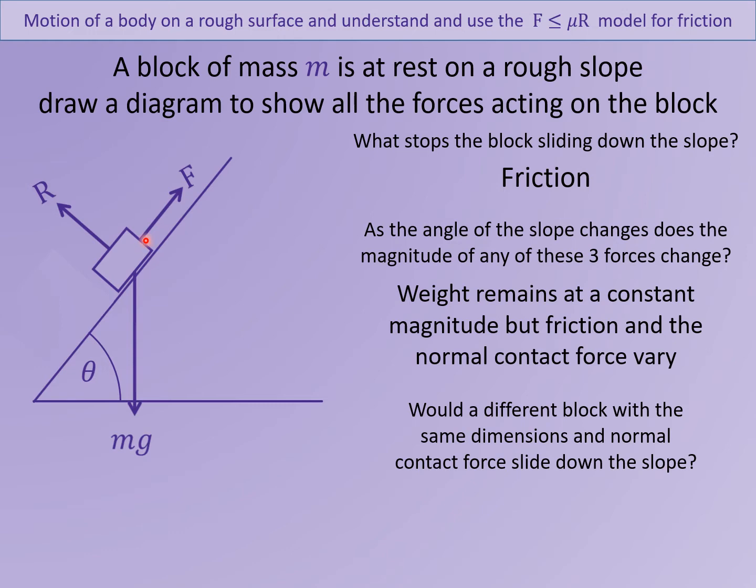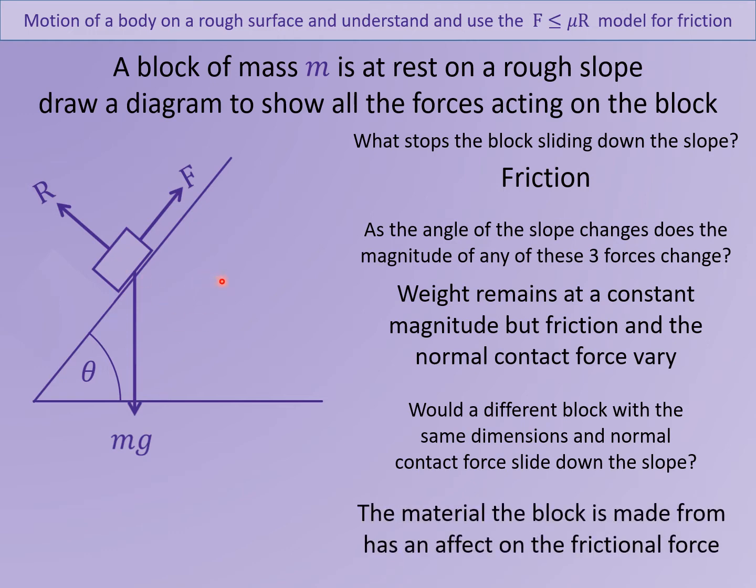But if we made that out of a different material, say for example out of ice, it's more likely that it will just slide down the surface. So what the material is for these two things makes a big difference of whether it's going to slide or not. So it's not just the R value, not just the normal contact force that affects friction, but there's got to be something else that's to do with the actual material that they're made out of.